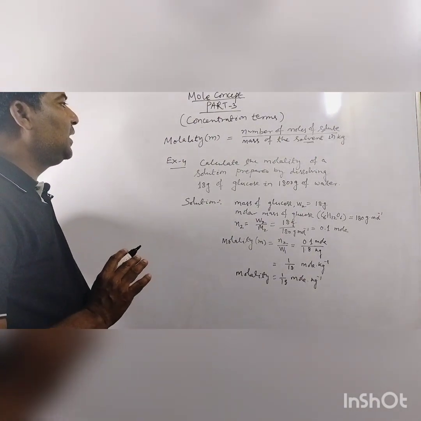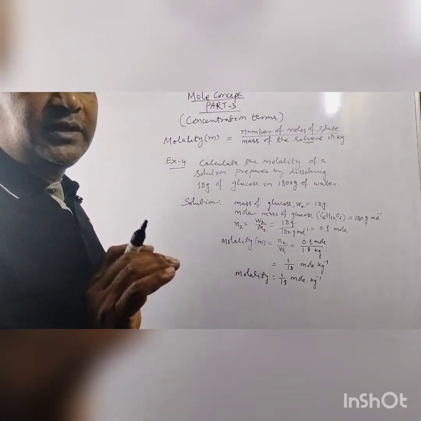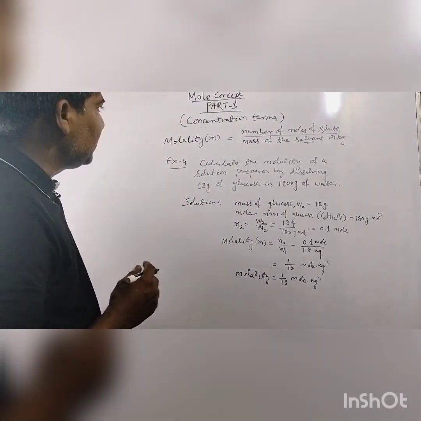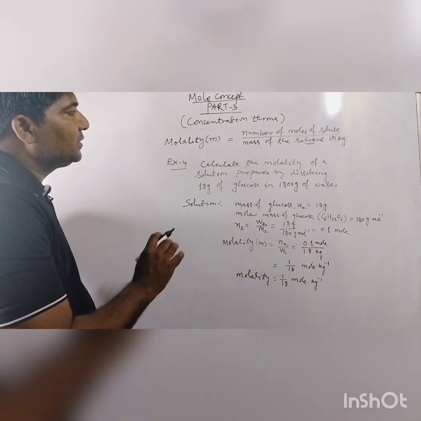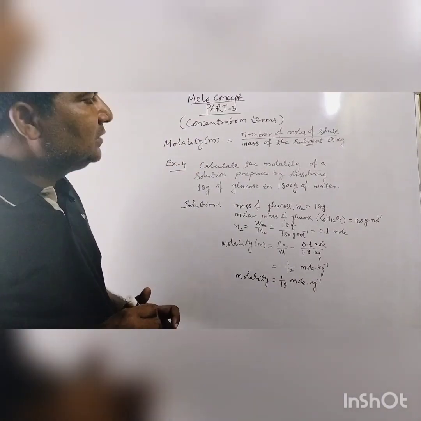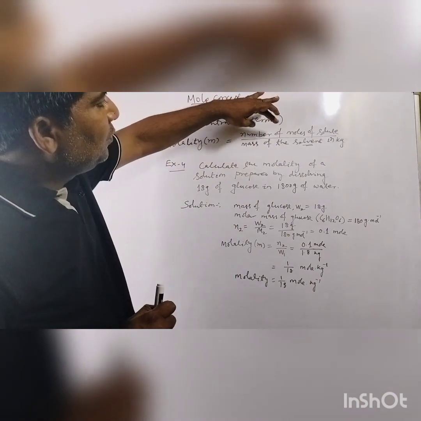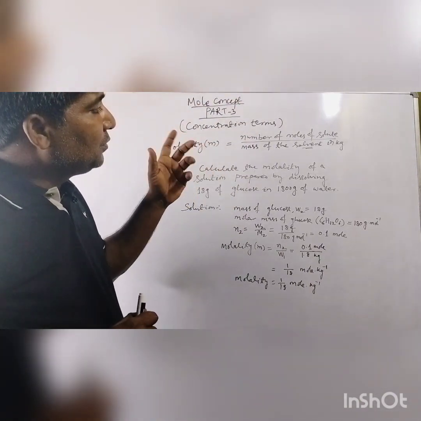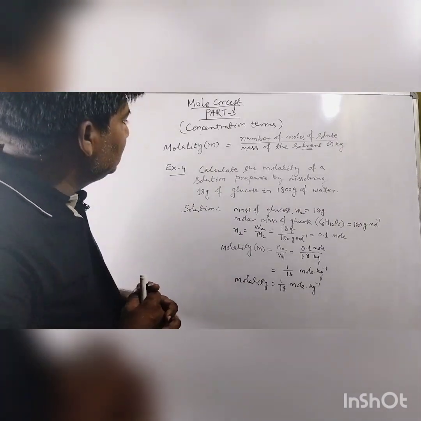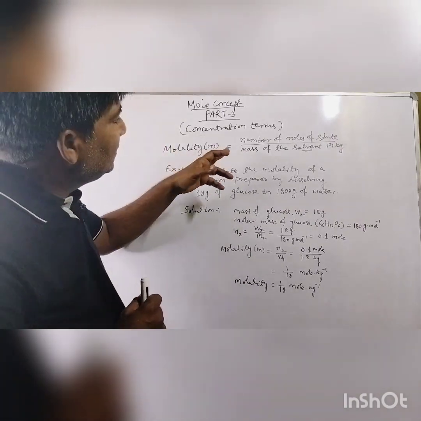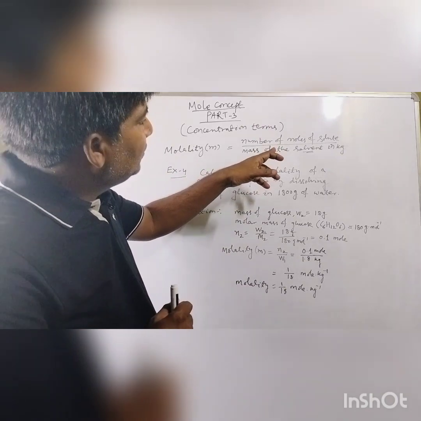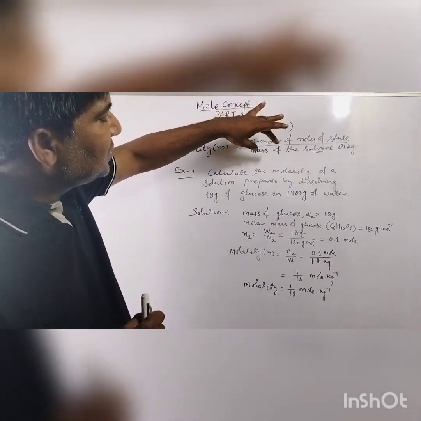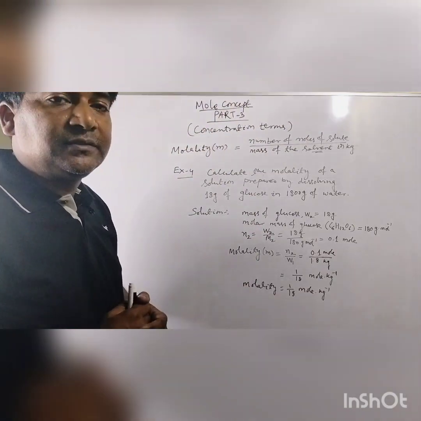Okay. There is a very notable point. Out of molality and molarity, which one is not dependent upon temperature? So here the answer is molality, because in case of molarity, the numerator is number of moles and denominator is volume of solution, but volume of solution changes with temperature. But in case of molality, here the number of moles of solute is same as that of molarity, but mass of solvent in kg, that doesn't change.